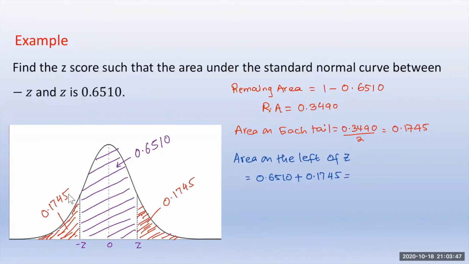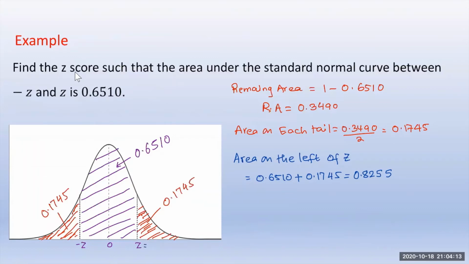And if we add those two values, it is 0.8255. So the total area to the left of this z-score is 0.8255. I need the area on the left of this z because we are asked to find that z-score.